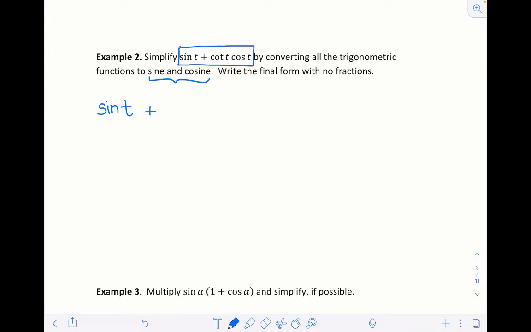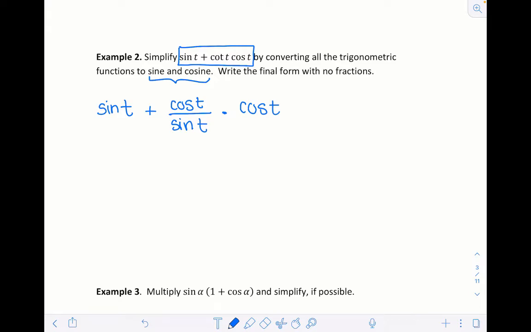Plus cotangent, this is where we can use one of the quotient identities. So cotangent is the same thing as cosine over sine. So I'm just going to rewrite it like that, times cosine. And I'll leave that one alone. And so we want to remember at this point all of the regular rules for algebra, and that's what I'm going to be talking about a lot in the next few examples.